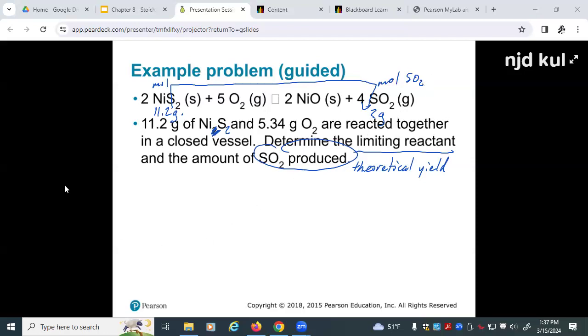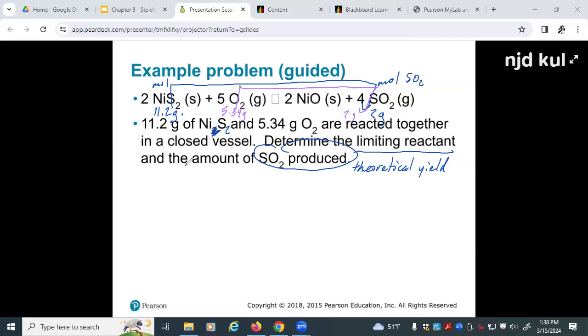And then in a completely separate calculation, I need to take the 5.34 grams of oxygen and do the same calculation. Turn it into moles, turn the moles into grams.